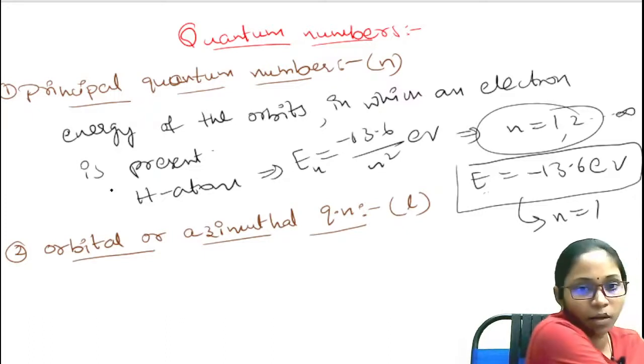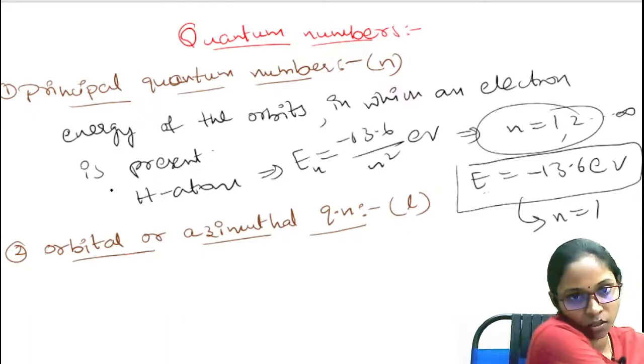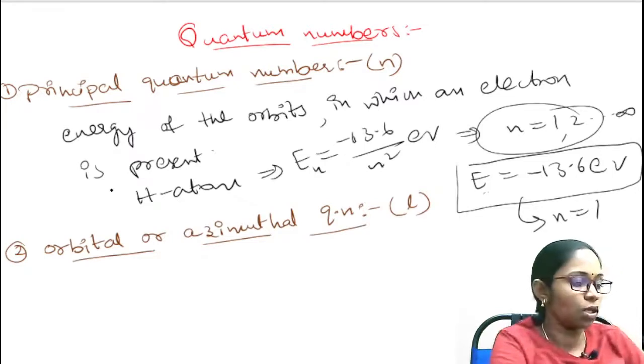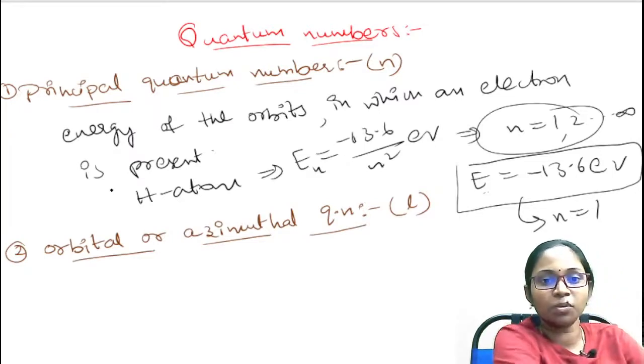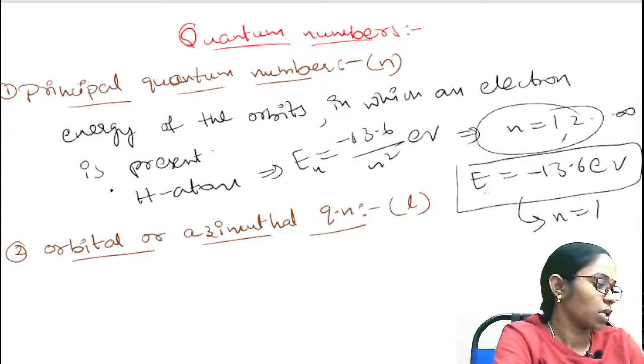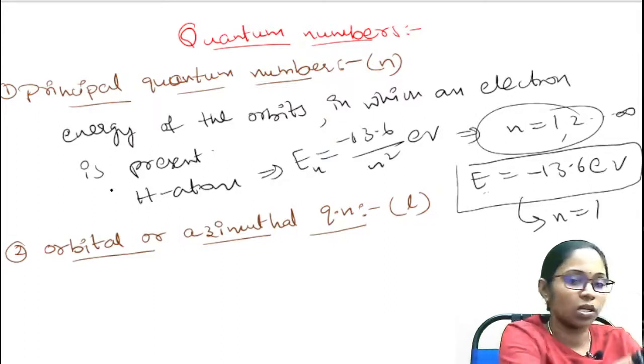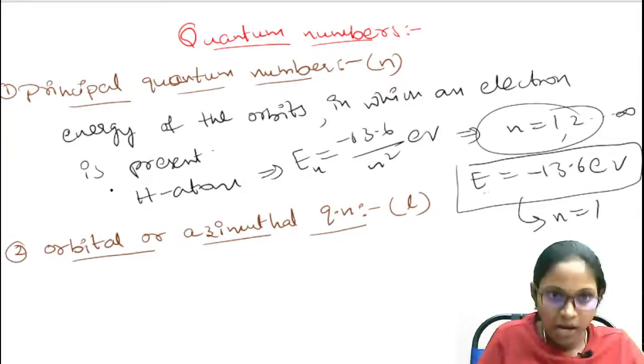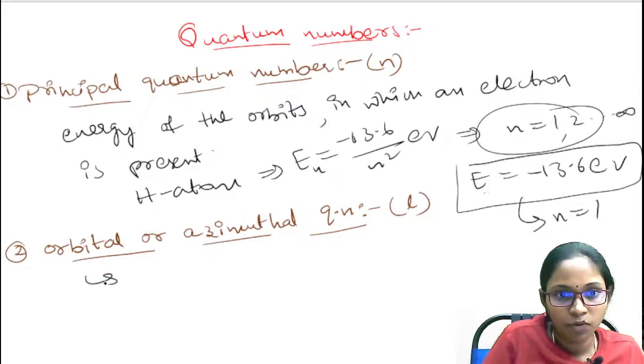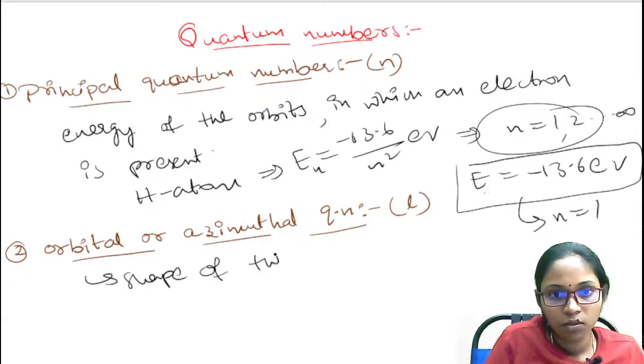Okay, and coming to the orbital or azimuthal quantum number. It is denoted with small l. Okay, and this gives us the shape of the orbit.